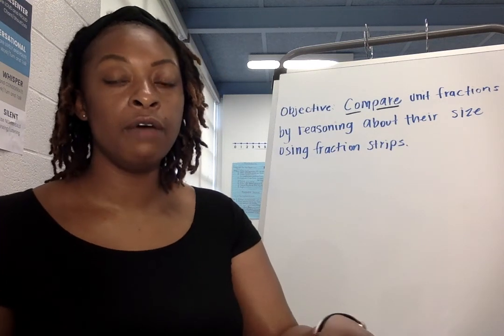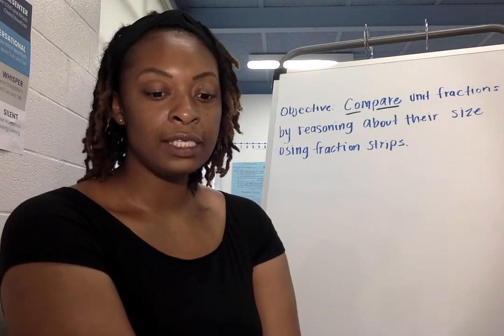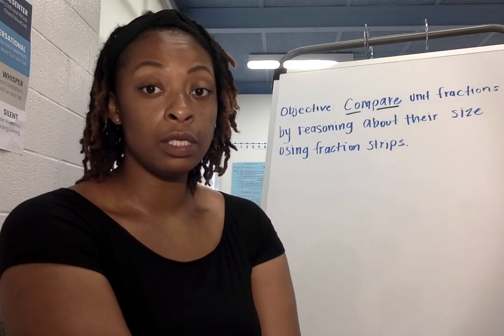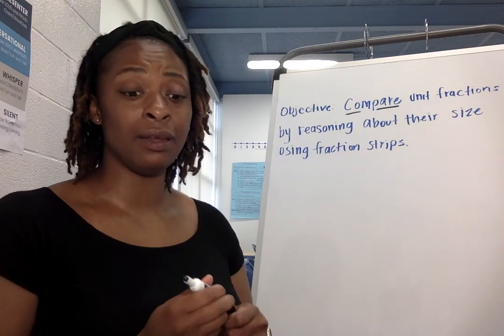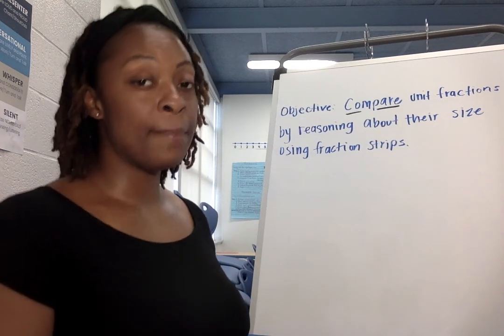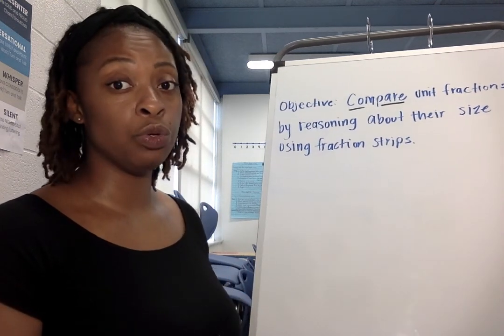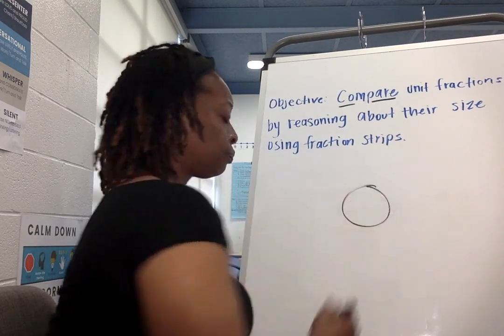Okay, so first, your application problem says Sarah makes soup. She divides each batch equally into thirds to give away. So, my thing is to always stop after you read the first sentence or two in a word problem. Make sure that you draw it out so you do not get confused. So she made soup. Let's draw a pot of soup.